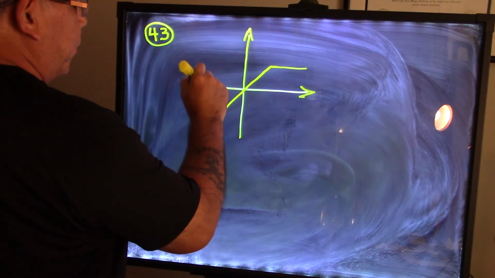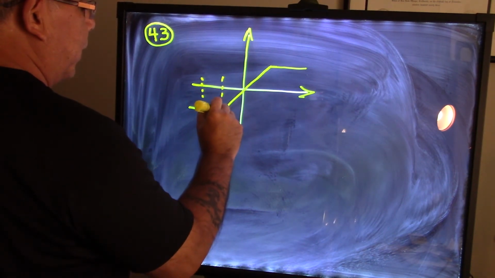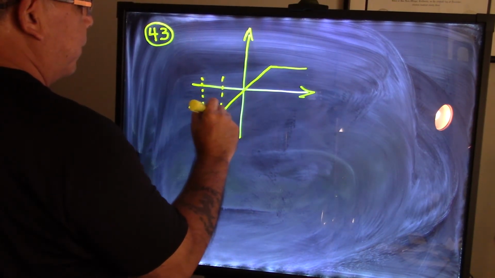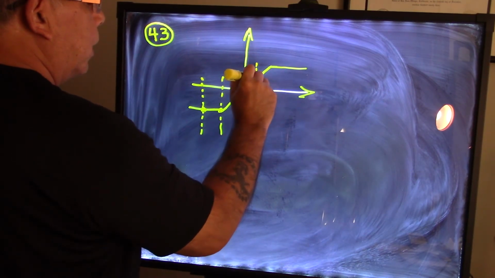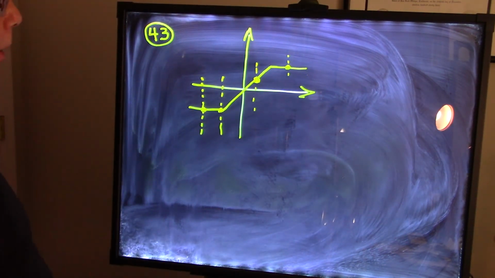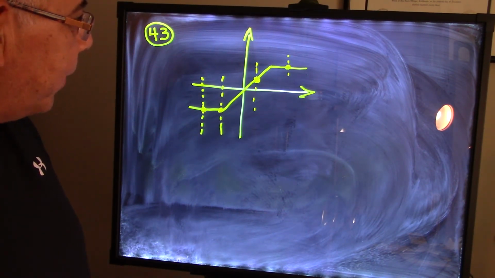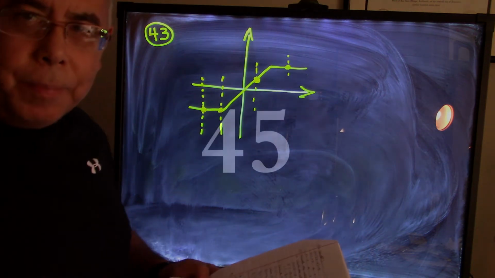So anywhere you draw a vertical line on this, it only touches one time, right? Here, here. So this does pass the vertical line test, and it is a function.